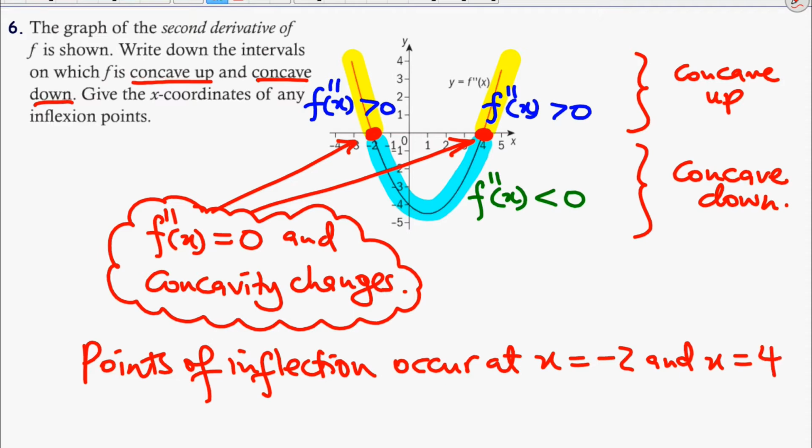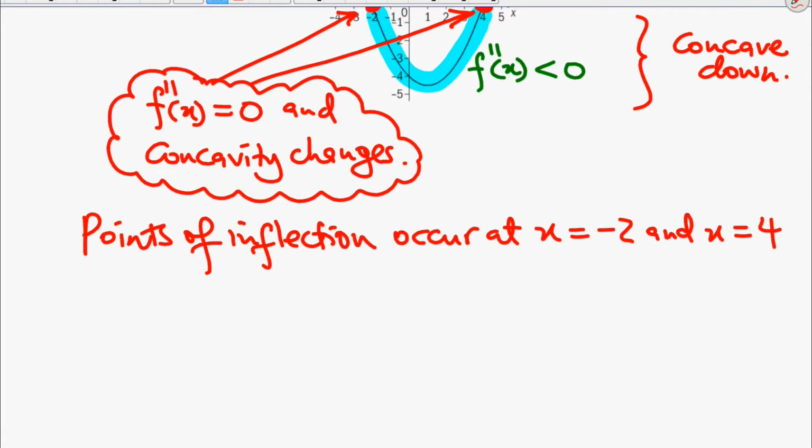Now, the intervals where the function is concave up and concave down are already shown on the diagram. So concave up when the second derivative is greater than 0.